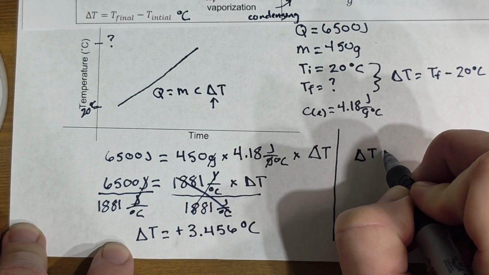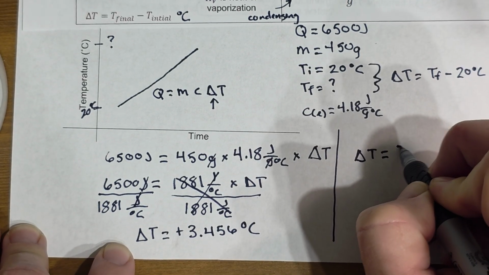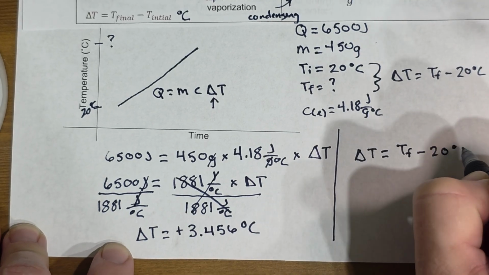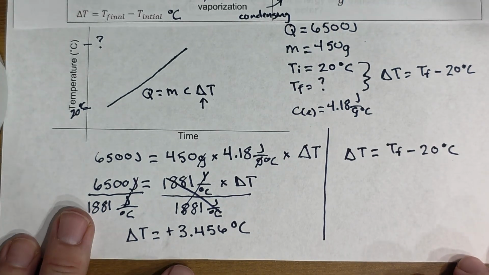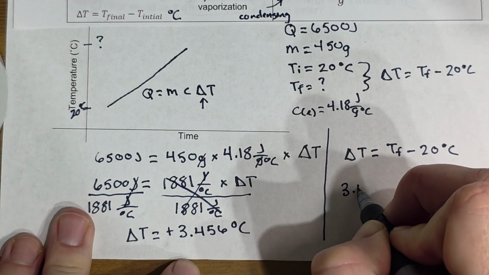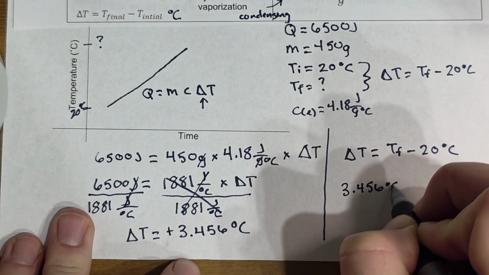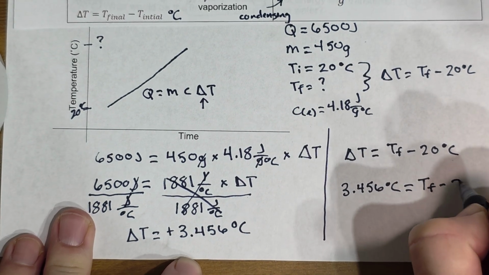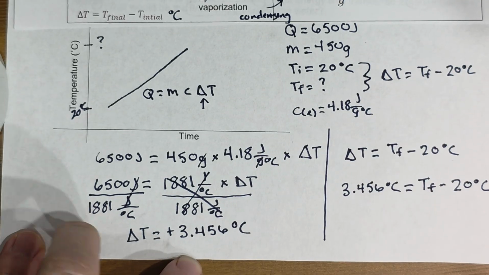Delta T equals TF, my final temperature, minus 20 degrees Celsius, my starting temperature. And I learned over here that 3.456 degrees Celsius equals T final minus 20 degrees Celsius.